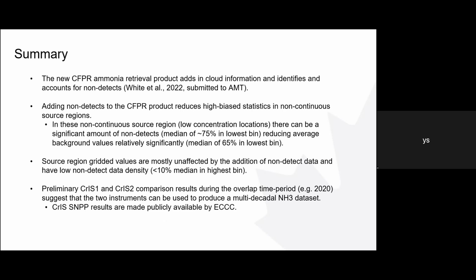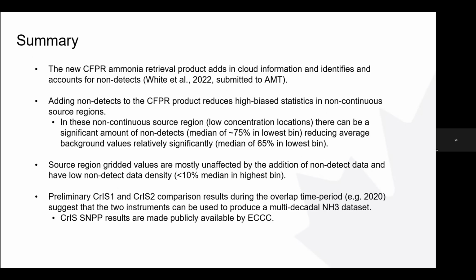Source region gridded values are mostly unaffected by the addition of non-detect data and have low non-detect data density. And preliminary CrIS-1 and CrIS-2 comparison results during the overlap time period suggest that the two instruments can be used to produce a multi-decadal ammonia dataset. The SNPP results are made publicly available by Environment and Climate Change Canada.